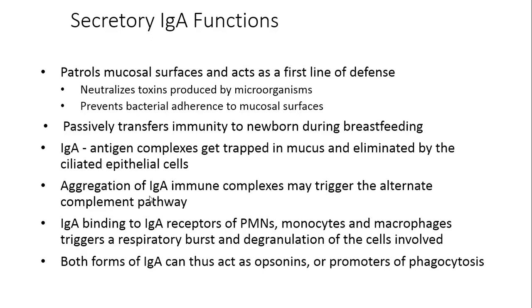And both monomers and dimeric forms of IgA can act as opsonins or promoters of phagocytosis. So that means both secretory, those ones in the MALT, and serum-based or plasma-based monomers can act as an opsonin.